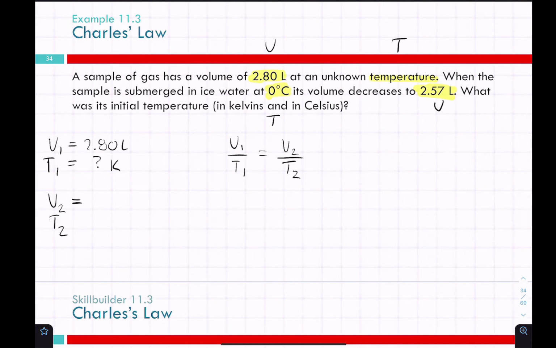And then our second volume is 2.57 liters, and our second temperature is 0 degrees C. So to convert that into Kelvin, it'll be 0 degrees C plus 273.15, so that's going to be 273.15 Kelvin. And then plug and chug.